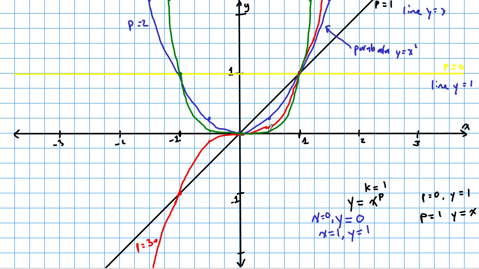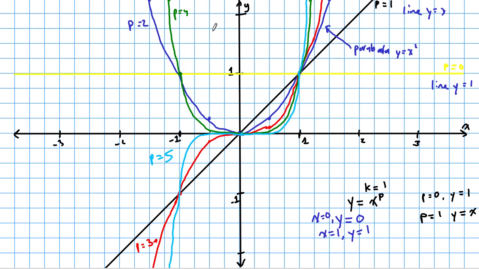Well, let's write down p equals 4. So the fifth power, we have even smaller here, closer to the axis, and then it comes up to 1, and it'll be even steeper after 1. But on the left-hand side, we go negative because it's an odd power. Like that. And that would be p equals 5.